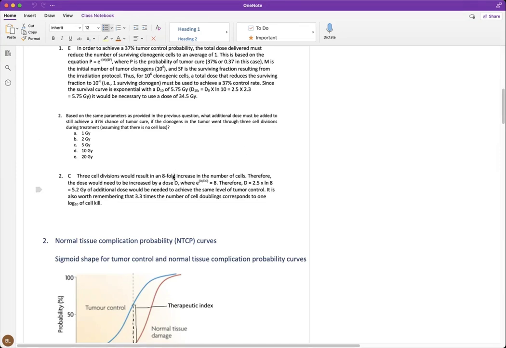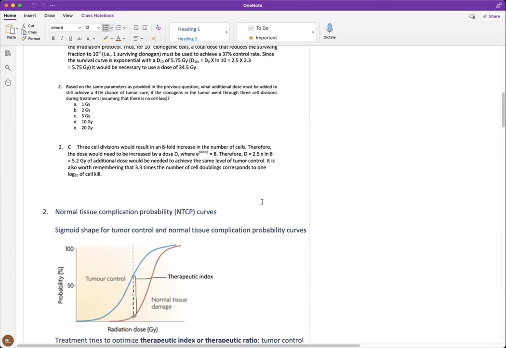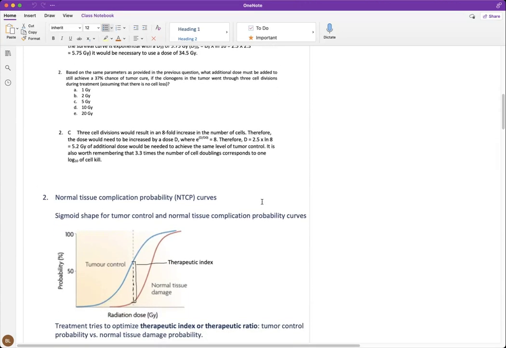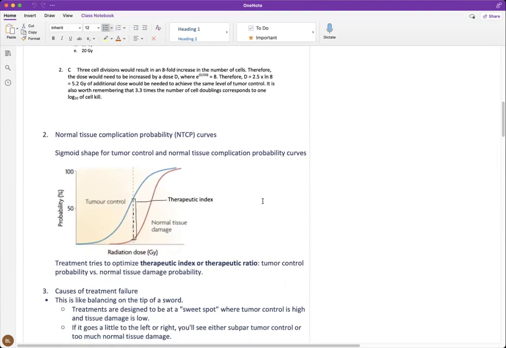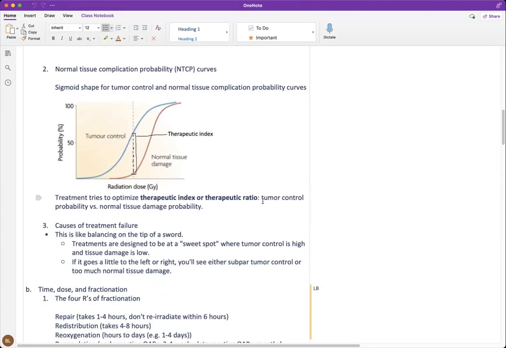So that means there's 8 times more cells, and you want to account for that. This is how they did it. I'll let you review that more on your own, but these are examples of tricky questions. Okay.